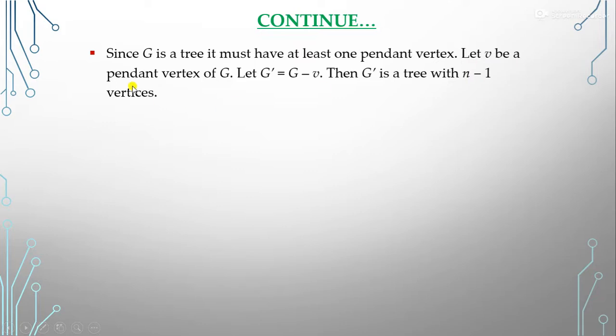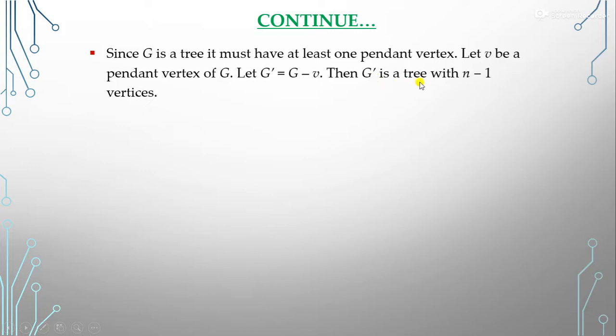Let V be a pendant vertex of G, then we form the graph G dash, which is G minus V. It means if in our graph G we remove the vertex V, we get the graph G dash. How many vertices are in G dash?